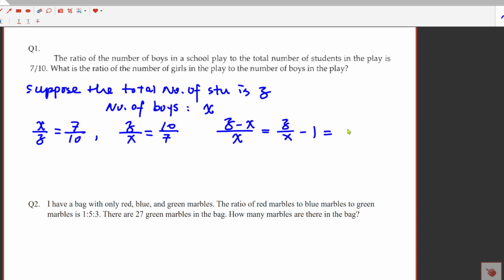We know Z over X is 10 over 7, and minus 1 gives us 3 over 7, right? So the ratio of girls to boys is 3 over 7. Did you get it? Any questions, just let me know, okay? Otherwise, I'll go to the next question.